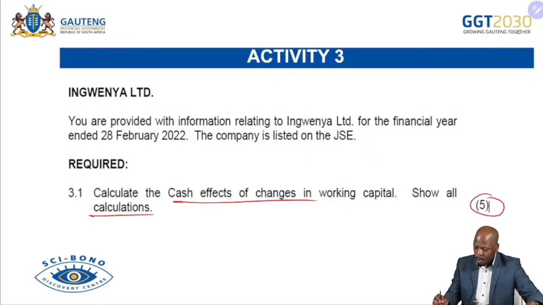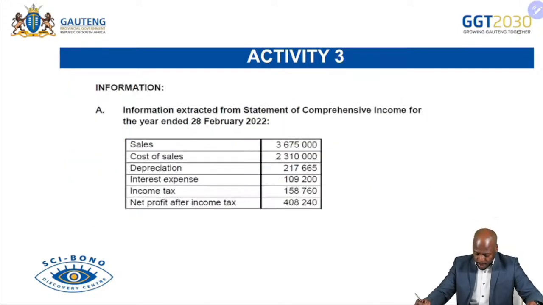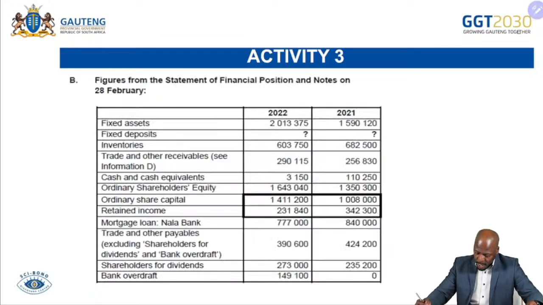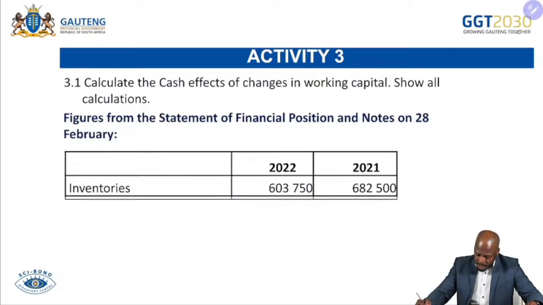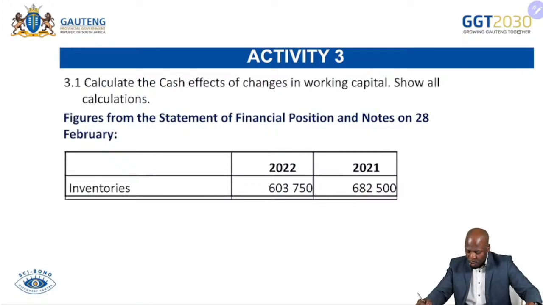And this was for 5 marks. Here is the information that was provided, and here are the figures from the statement of financial position, and we are going to start now.